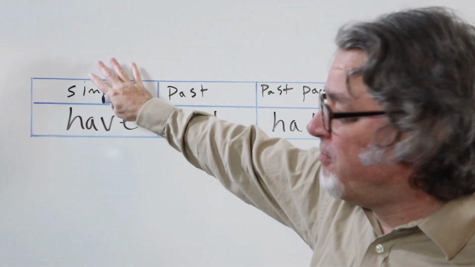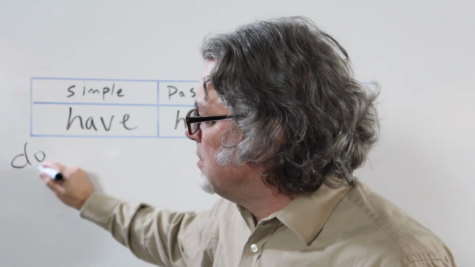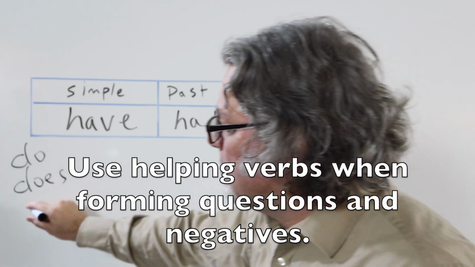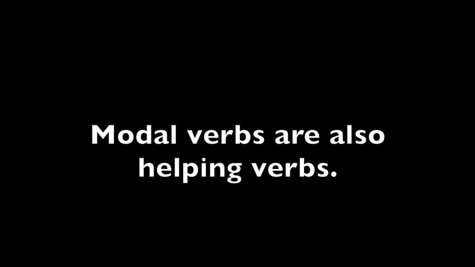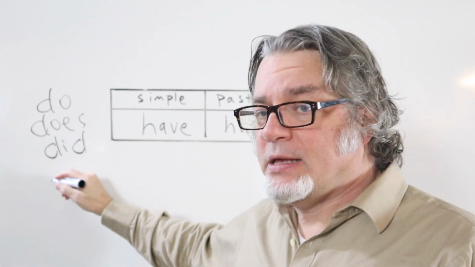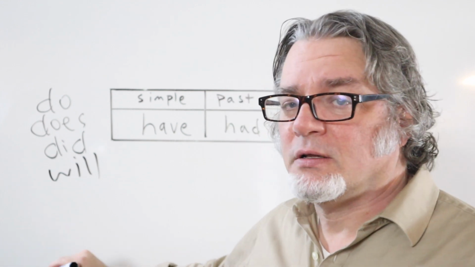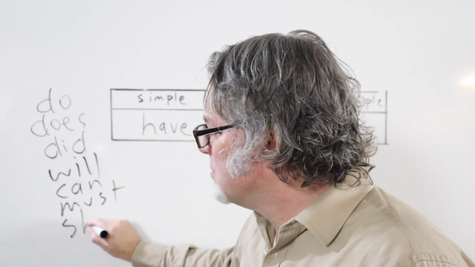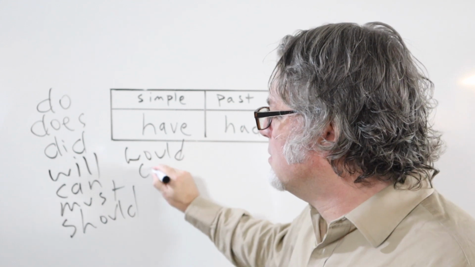Use the simple form of the verb have with helping verbs do, does, these are for the present tense, and did. You can also make statements and negatives and questions with modal verbs like will, can, must, should, would, could.